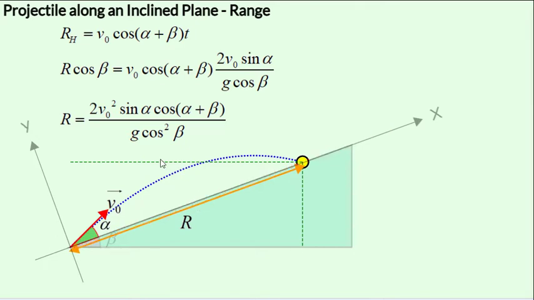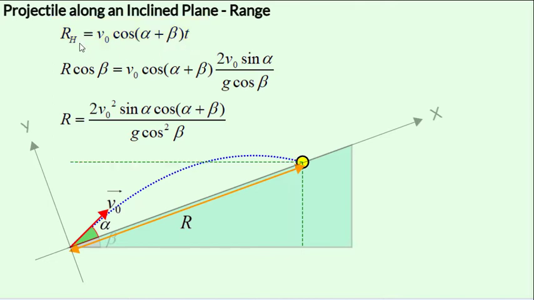So in the horizontal direction, the velocity does not change, it remains constant. And that component of velocity in the horizontal direction is v0 times cos of alpha plus beta, which is along the ground or horizontal. Therefore, RH will be equal to this constant horizontal velocity times the time of flight.